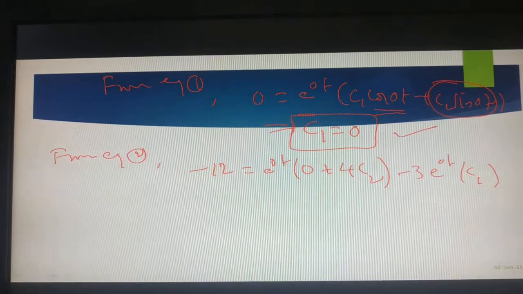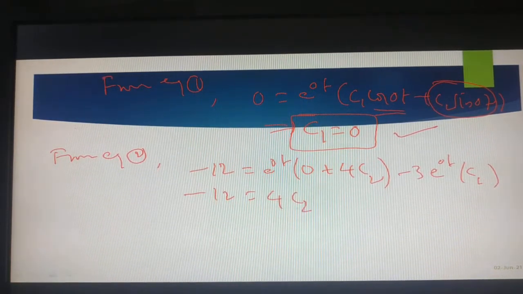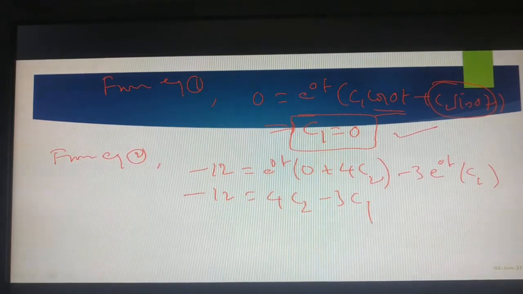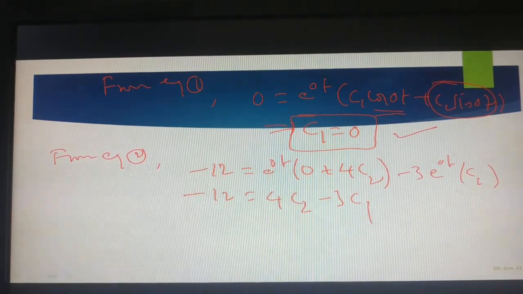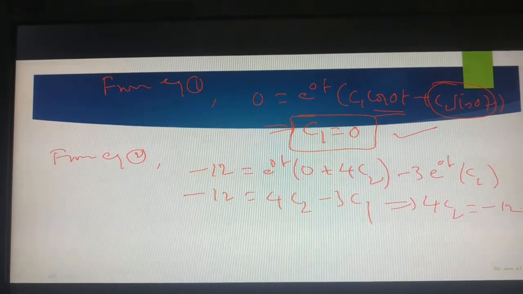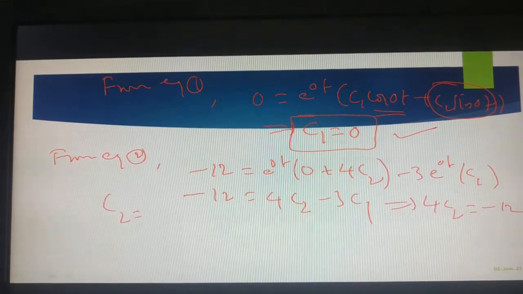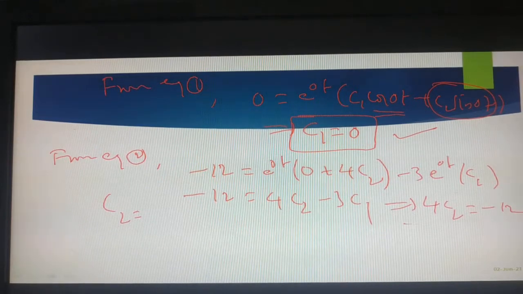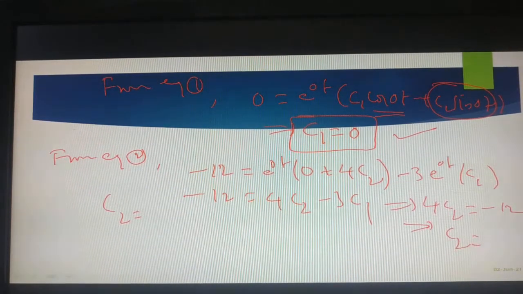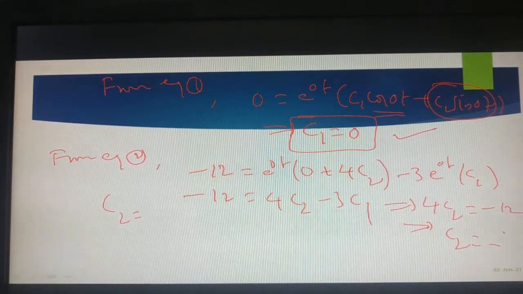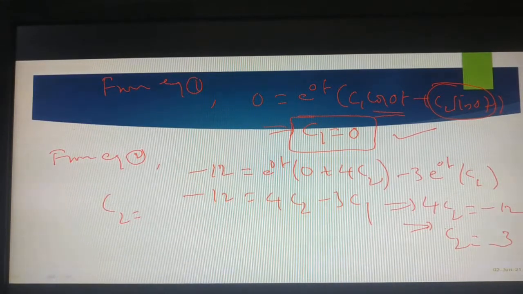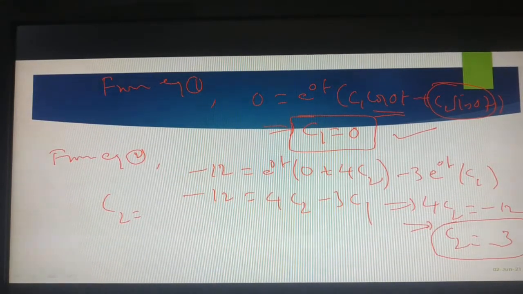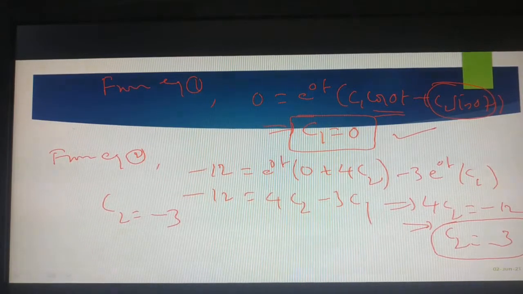So here we have minus 12 equal to 4c2 minus 3c1. c1 value is already 0. So from this, 4c2 is equal to minus 12. What is the c2 value? Minus 3.